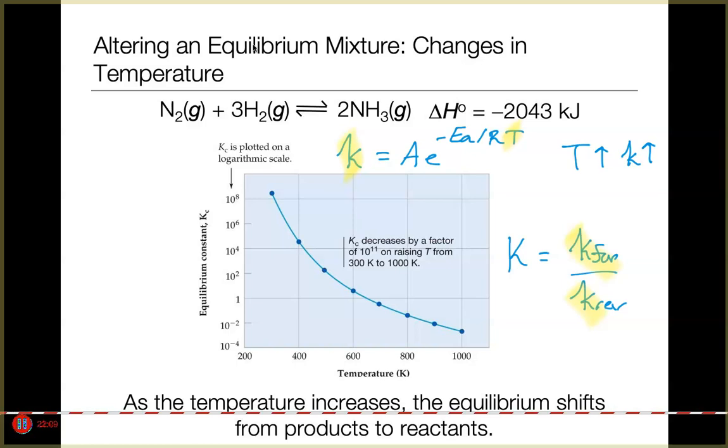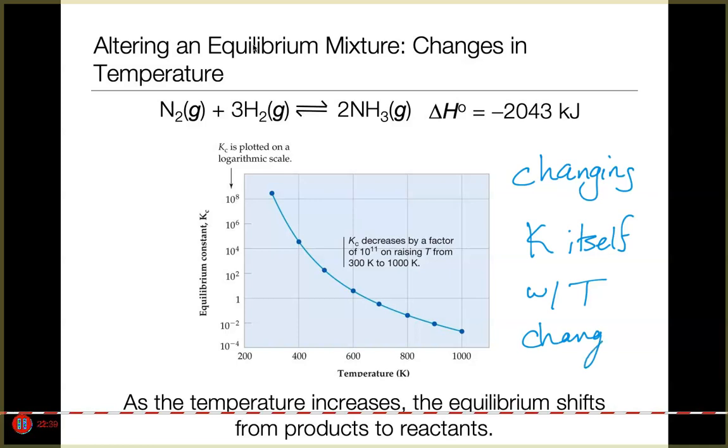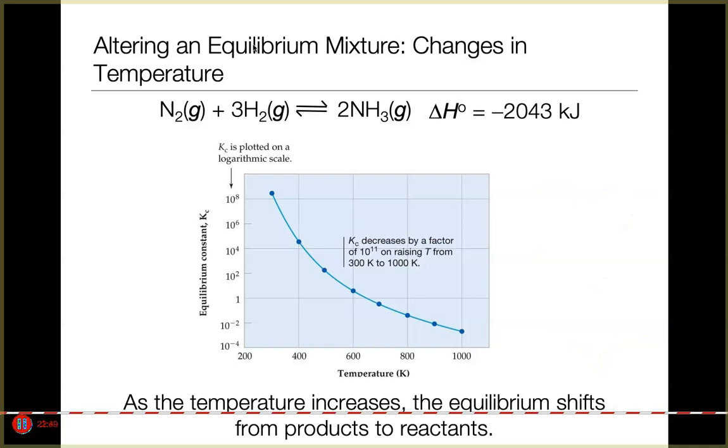So temperature affects k, and k affects big K. Unlike with the other examples, when we were stressing the system by adding stuff, taking away stuff, or changing the pressure or volume, where we were directly looking at changes in Q, now that we see that K is dependent upon T, when we change temperature, we're actually changing K itself. It's kind of a cheater way to do it, but it actually works really well.